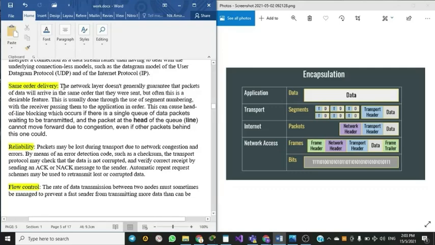The network layer doesn't generally guarantee the packet data will arrive in time or even in the same order it was sent. This often is a desirable feature because, through the use of segment numbering, the receiving side passes data to the application in order.